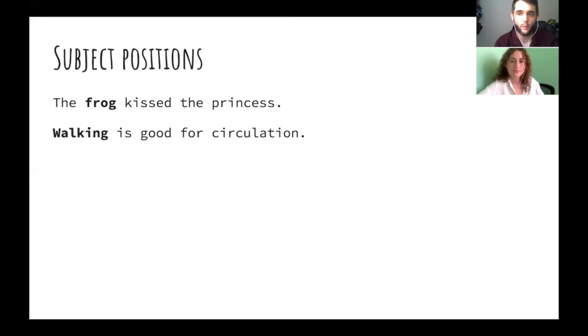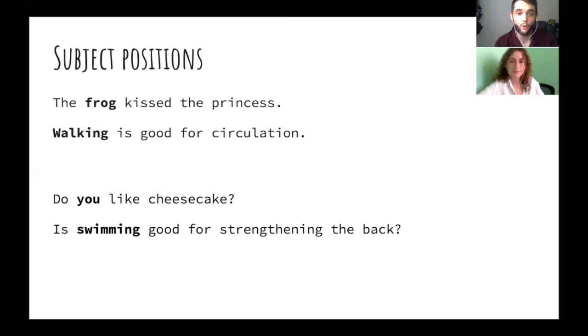But then when we want to change how we're speaking and ask a question, we see that first we use an auxiliary verb such as do, is, or would. Then we use the subject and it is followed by our main verb, such as do you like cheesecake? We see the auxiliary verb, do, the subject, you, and the main verb, like.